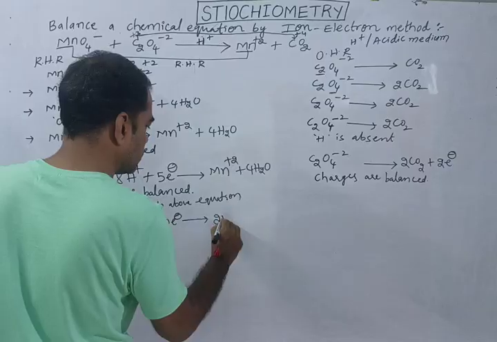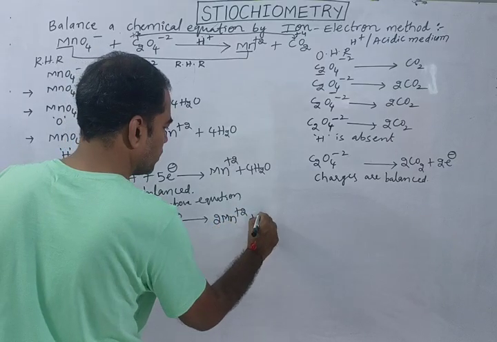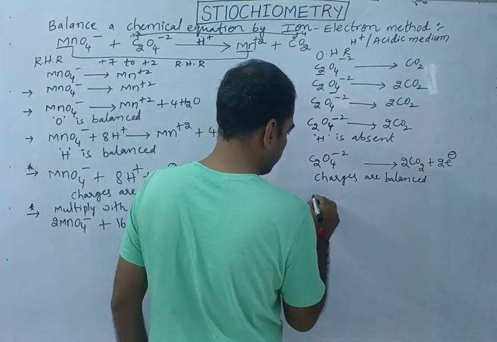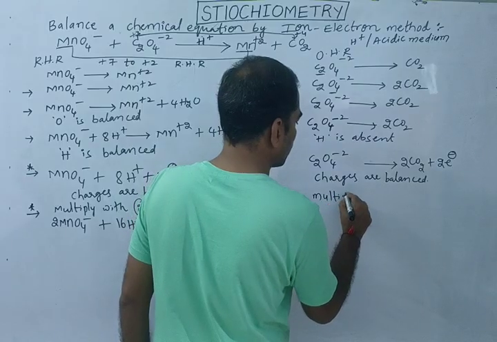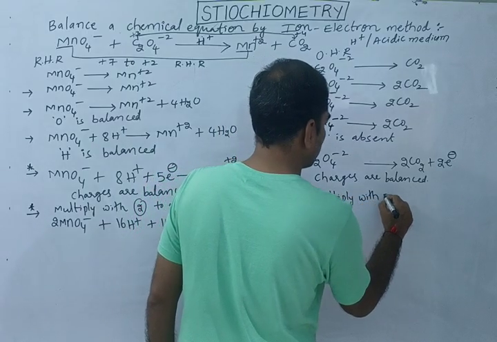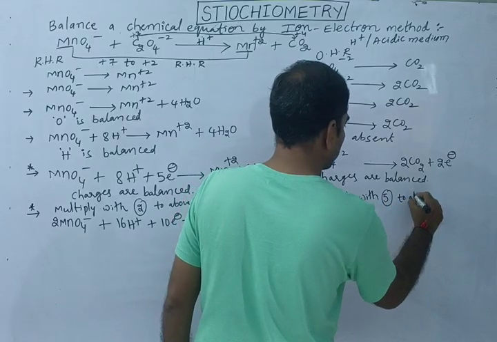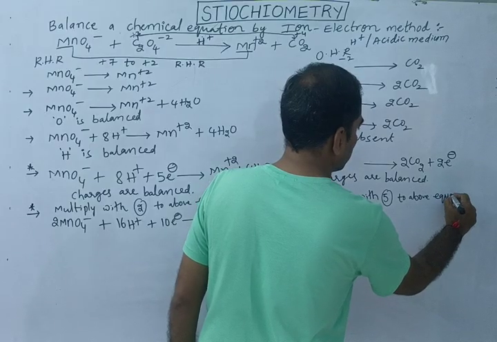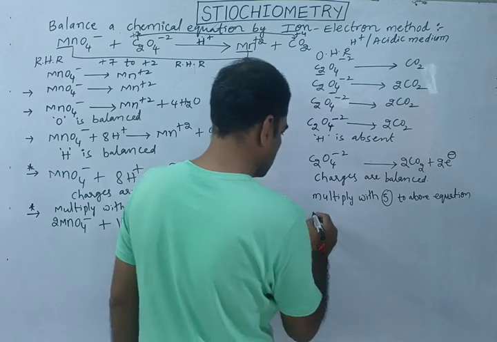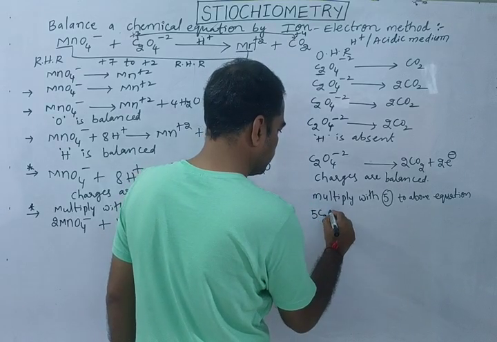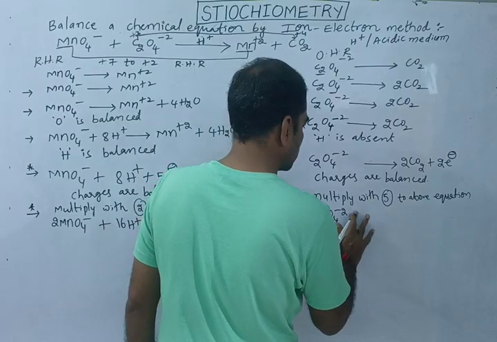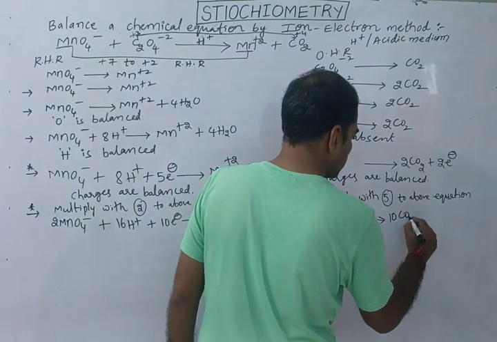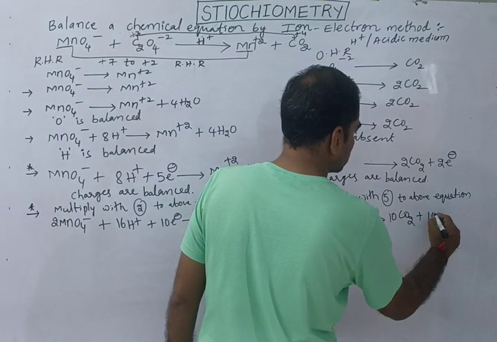We get 2 Mn plus 2 plus 8H2O. Here multiply with 5 to the above equation. See, 5 C2O4 minus 2 gives rise to 10 CO2 plus 10 electrons.